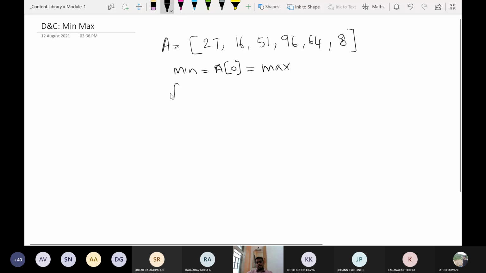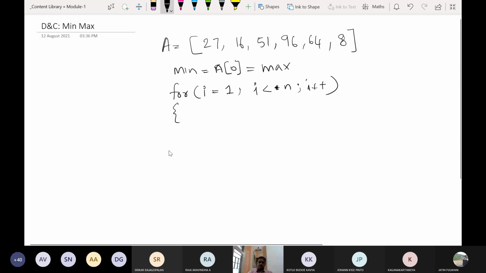So let us formally write it: for i equal to 0, i less than n, i plus plus. If the index starts from 0, then i less than n will be sufficient.